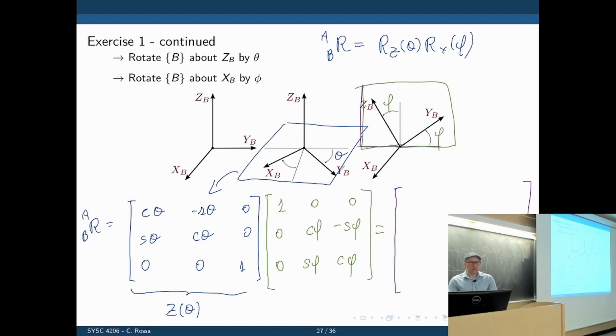What is the result of this multiplication? You guys remember how to multiply a 3 by 3 matrix with a 3 by 3 matrix? Yeah, what's the first element here? Cos theta times 1 plus that times 0 plus that times 0, you're left with cosine theta.